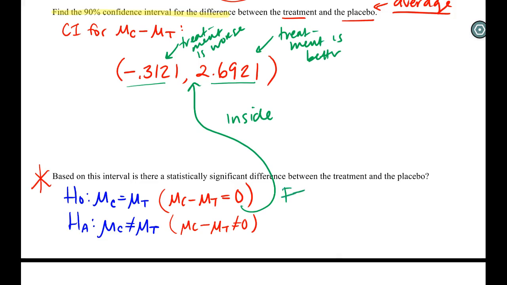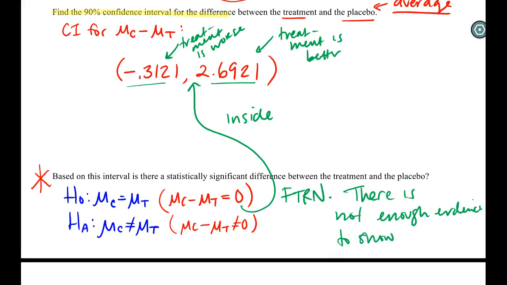We would fail to reject the null. We don't know that there's enough evidence. Doesn't mean that they're the same, just means we don't have enough evidence to show that they're different statistically. Obviously, we saw a 1.19 difference, so a point reduction based on the treatment, but not enough that it's statistically significant.